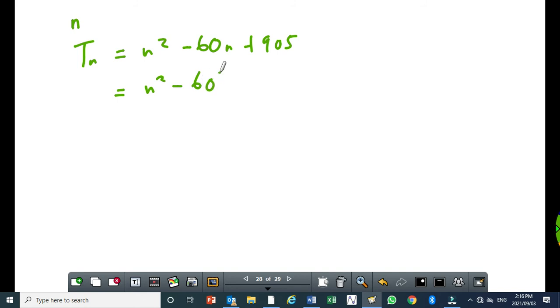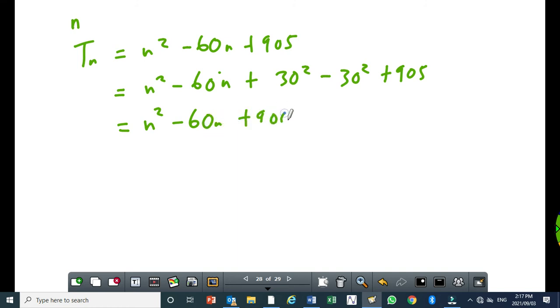So that will be minus 60n plus 30 squared minus 30 squared plus 905. And what happened there? I'm completing the square. So this becomes n squared minus 60n plus 900. This becomes minus 900 plus 905.